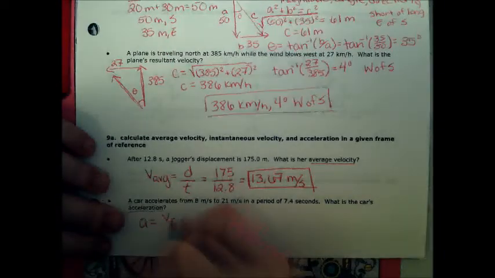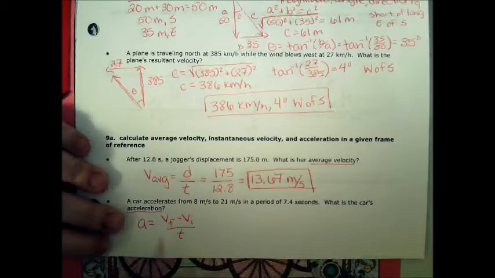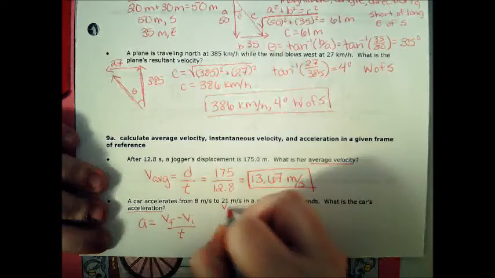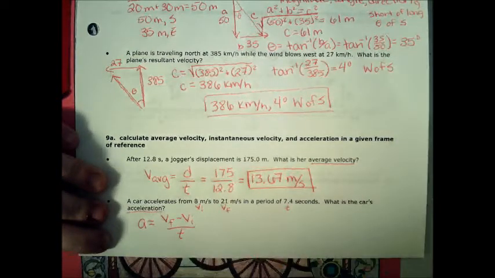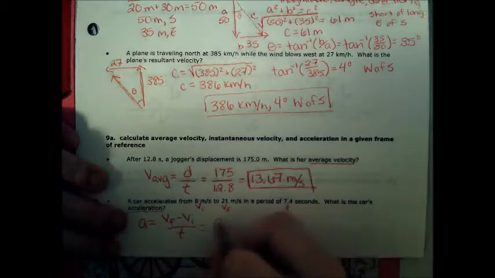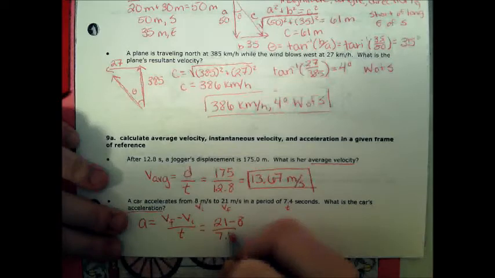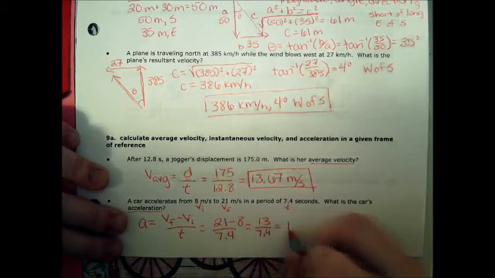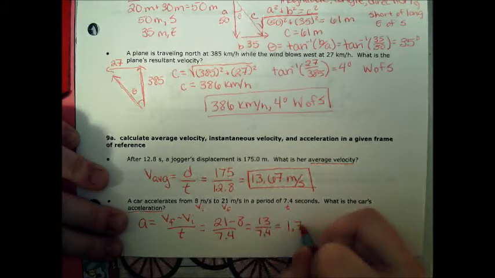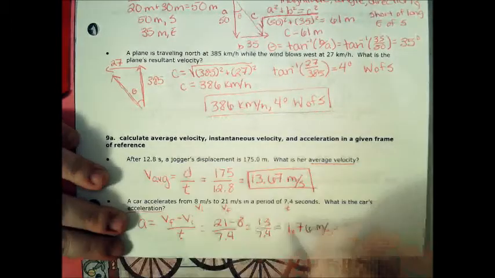A equals V final minus V initial over T. So the V final is 21, V initial is 8, and 7.4 is T. So we do 21 minus 8 over 7.4, which ends up being 13 divided by 7.4. And we get that the acceleration is 1.76 meters per second squared.